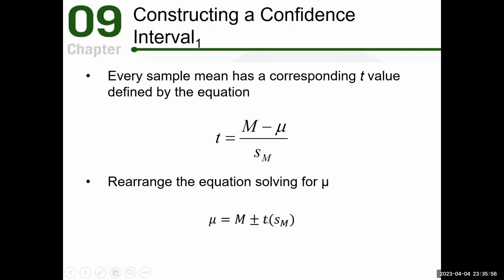So we're 95% confident that the interval that I produce, my population mean will be somewhere in that interval, right? Because I'm 95% confident that 95% of the t values or the t statistics are located in between those intervals, okay?